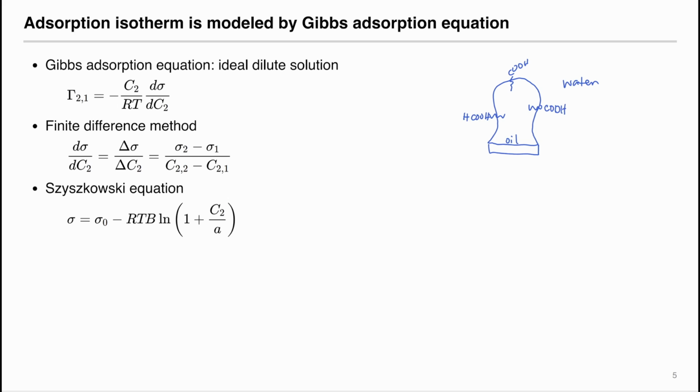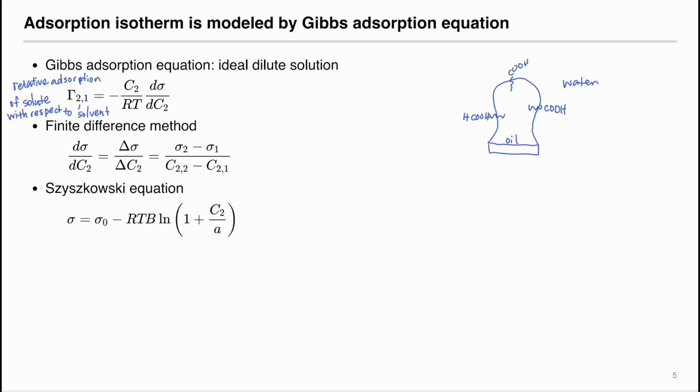so that gamma 2,1 is the relative adsorption of 2, which is the lauric acid solute, with respect to 1, which is the solvent.